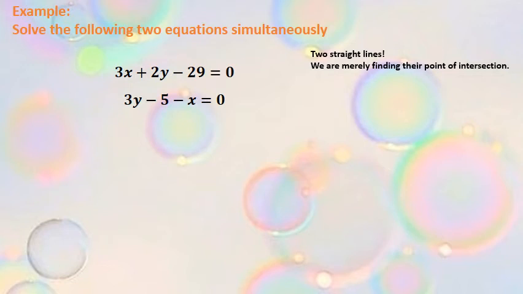So first things first, I'm going to just call these equations number 1 and number 2, so that when I'm writing down my calculations, I can write down which equation I'm working with so as to avoid confusion. My eye is drawn to equation 2, merely because that variable x has no coefficient.